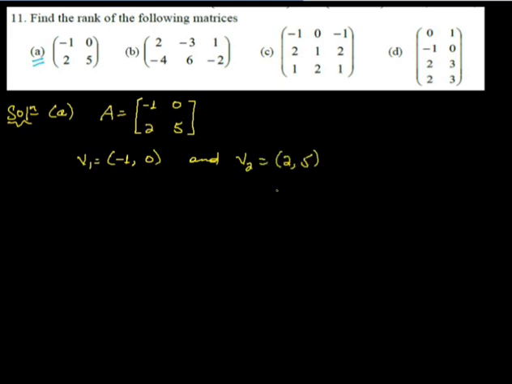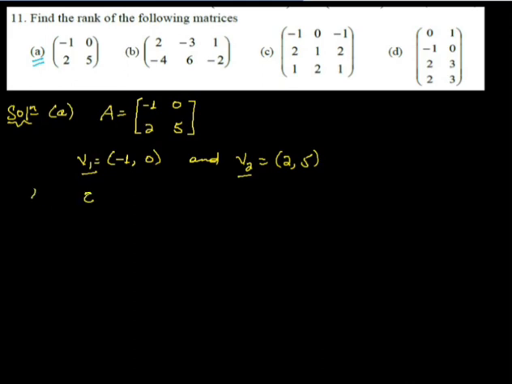Based on the definition that I have shown you before, the rank of a matrix is the maximum number of linearly independent row vectors or linearly independent column vectors. So definitely this V1 and V2 are linearly independent. If you want to see what linear dependence and independence are, you can visit my previous videos. But for now, let us check that V1 and V2 are linearly independent.